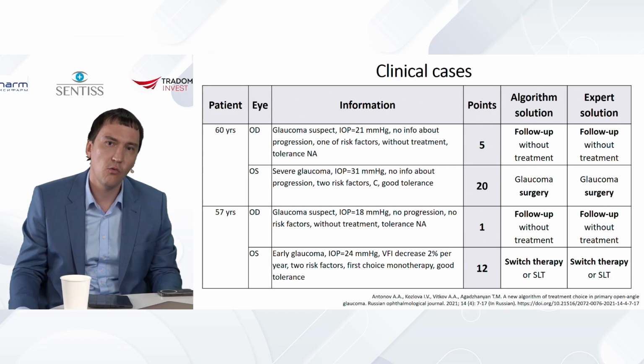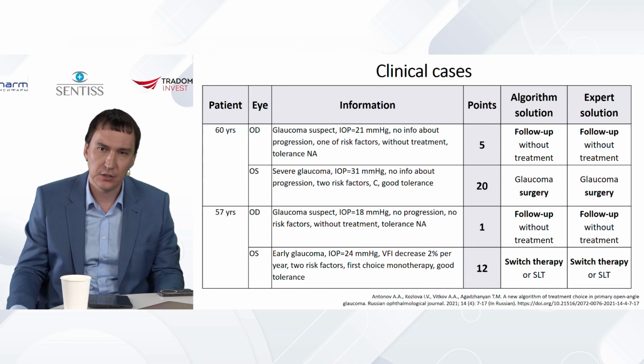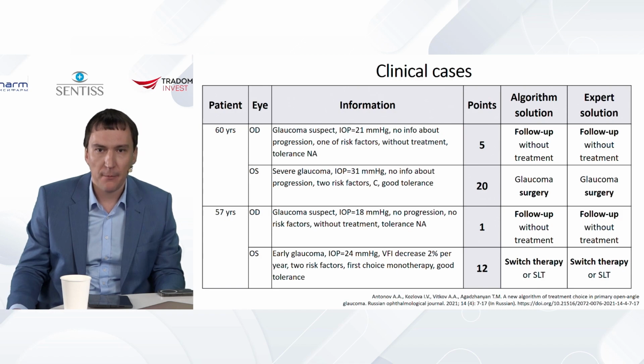So what's the problem of implementation of AI? When we assess glaucoma, we identify the risk factors and the calculation of risk factors. We need to pay attention to that before we introduce big data to the serious models of AI.